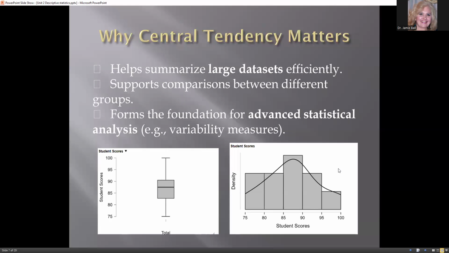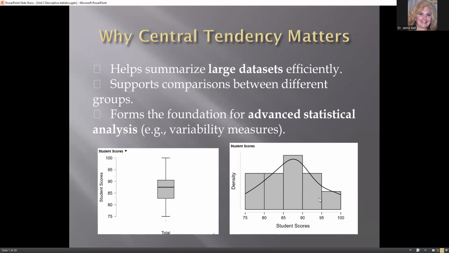We can see that the most scores are between 85 and 90. We can see that the lowest score is 75, and the highest score is 100%. We can see that the data is relatively normal shaped, approximately normal, we call it.